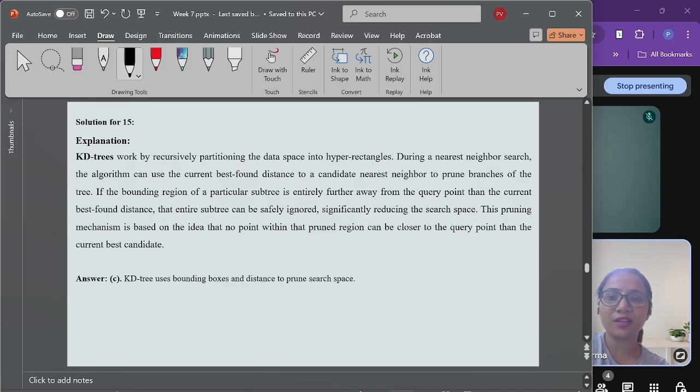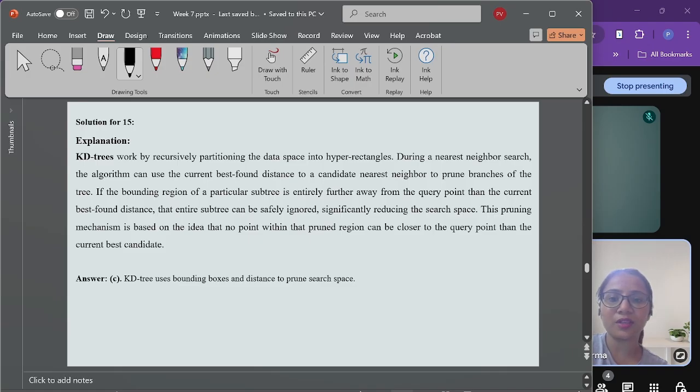So KD trees work by recursively partitioning the data space into hyper-rectangles. Already we have solved one question on this. We are just dividing the data space into different subtrees. During nearest neighbor search, the algorithm can use the current best found distance to a candidate nearest neighbor to prune branches of the tree.